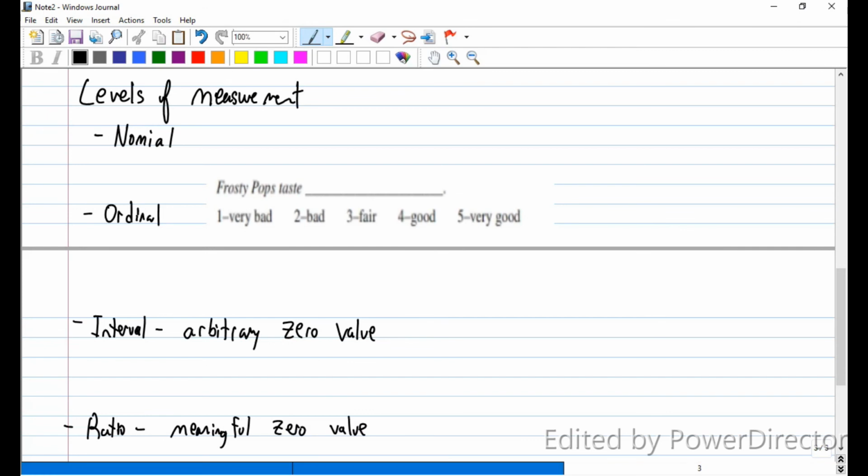Same for the GPA. You see how those GPAs were listed? If your GPA is 0.0, that means you have failed everything, right? With an F. Luckily, none of those were down there. So that would also be ratio. What about how old are you?